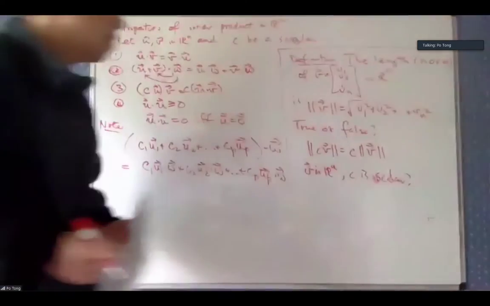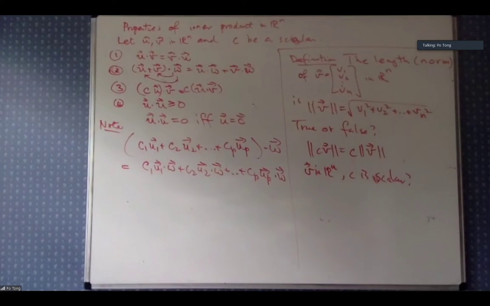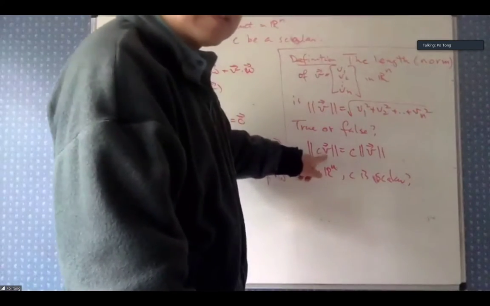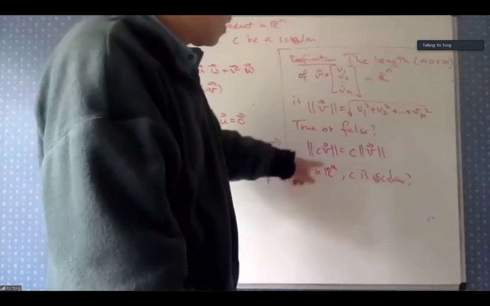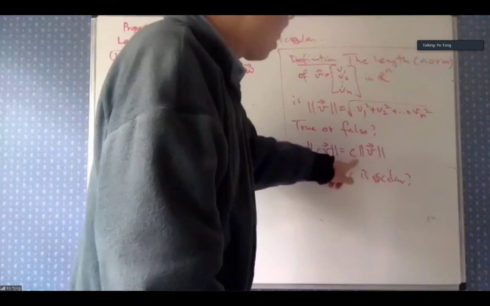What do you think? Is this true or false? You scale the vector, and then you take the length of the vector. Is it the same as you take the length of the vector first and then multiply by that scalar?